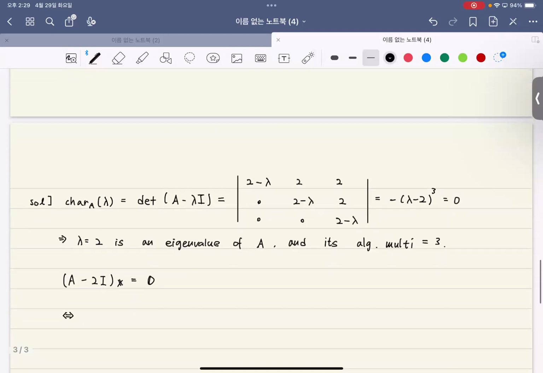That is the matrix with rows 0, 2, 2, then 0, 0, 2, and 0, 0, 0, times (x1, x2, x3).